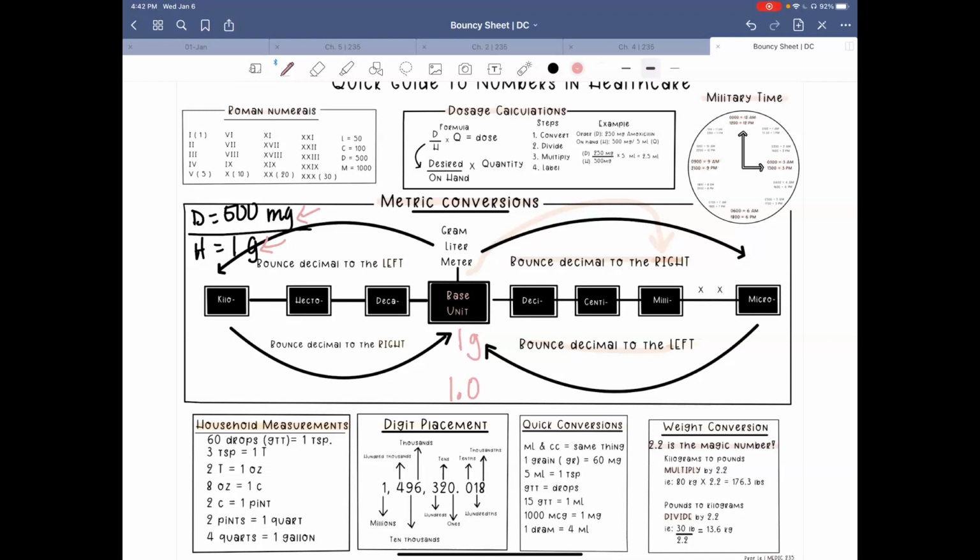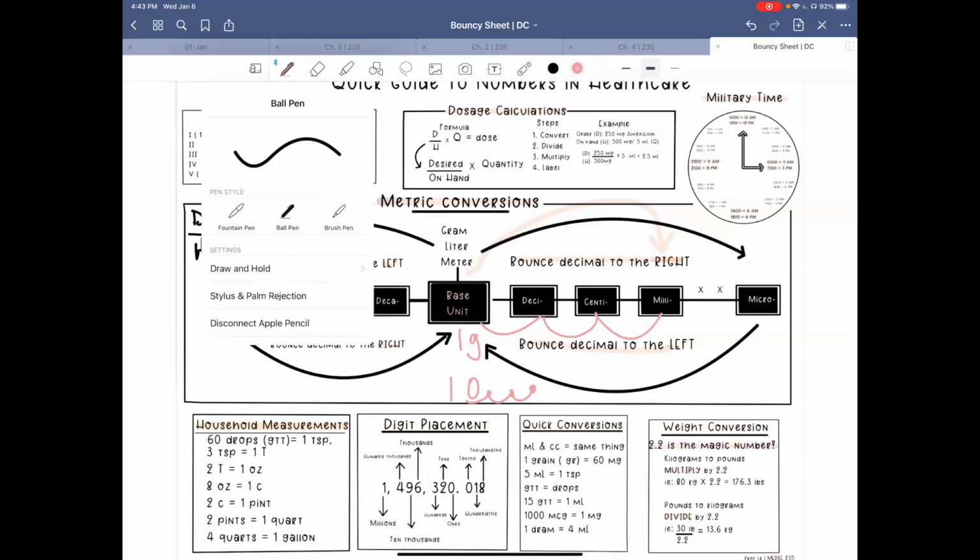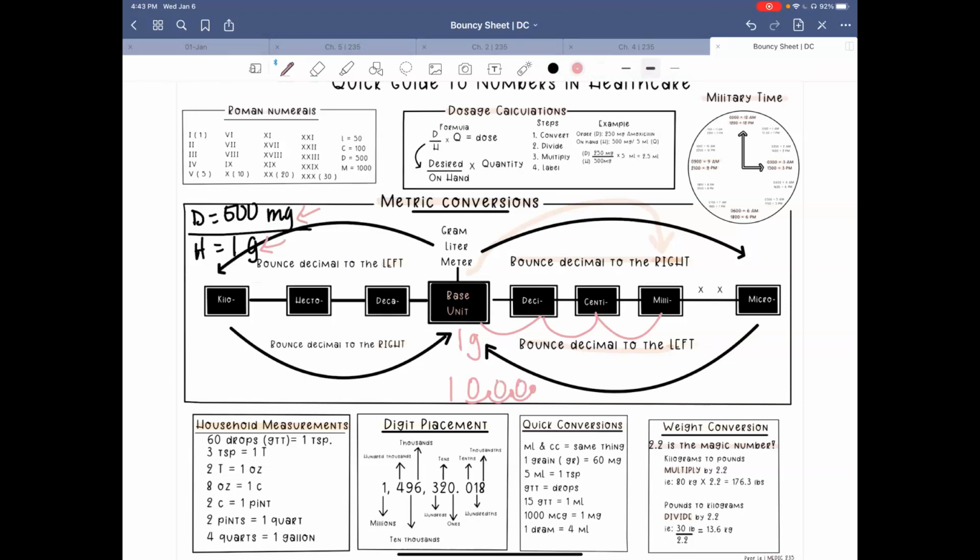And so we are going to bounce our decimal 1, 2, 3 times over to milligrams, okay? Which means that down here we're going to go 1, 2, 3. Since we're moving our decimal, I'm going to take that out, go back over here to my pen, and we are going to add our zeros there.